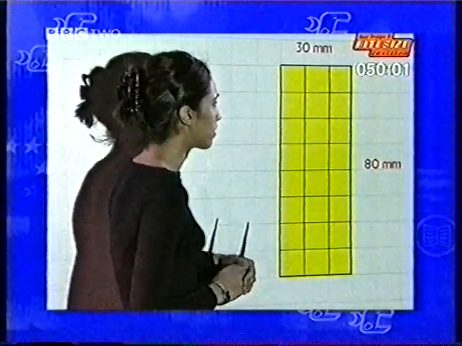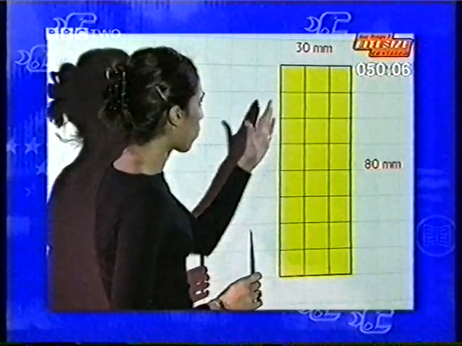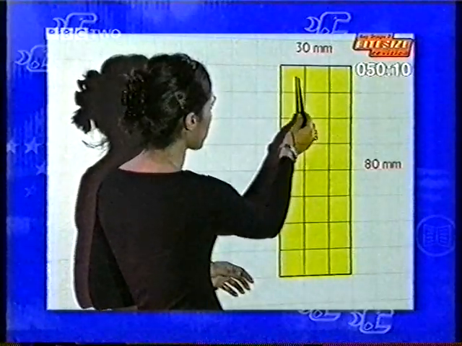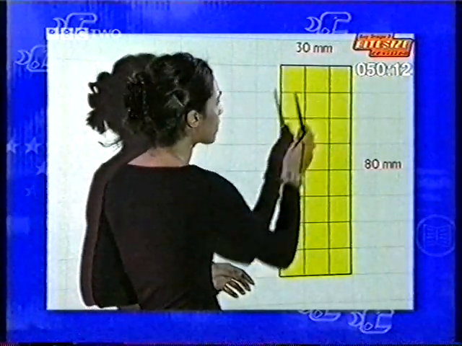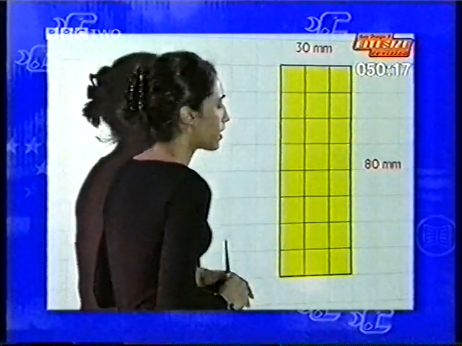Now let's use millimetres. First thing to consider is to look at this square here. You can either call that 1 centimetre squared or 10 millimetres squared. So here we would have either 1, 2, 3 centimetres squared or 10, 20, 30 millimetres squared.